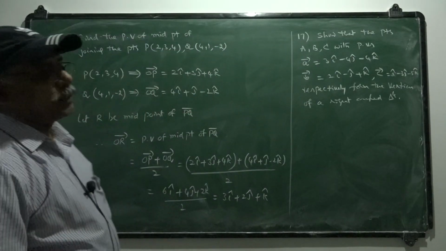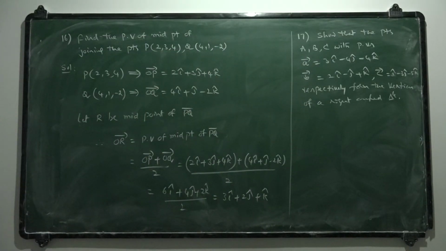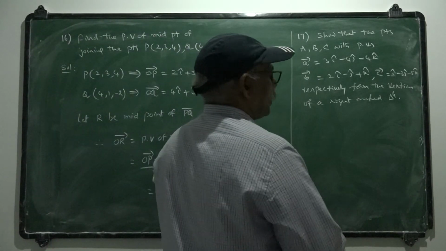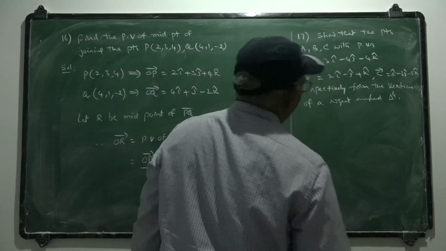Show that the points A, B, C, whose position vectors are given here, form the vertices of a right angled triangle.